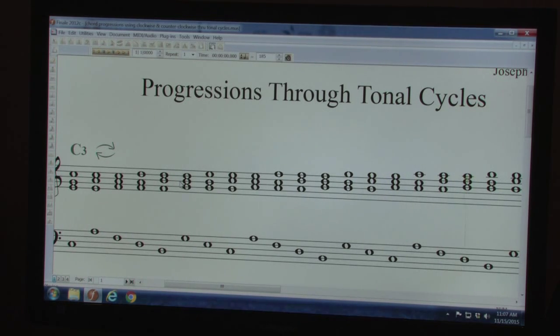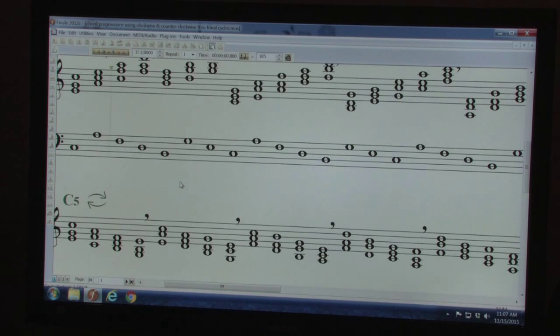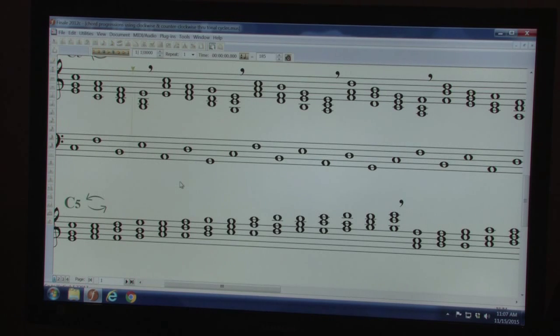This is clockwise. This is counterclockwise. Cycle of the third. This is cycle of the fifth. Clockwise.